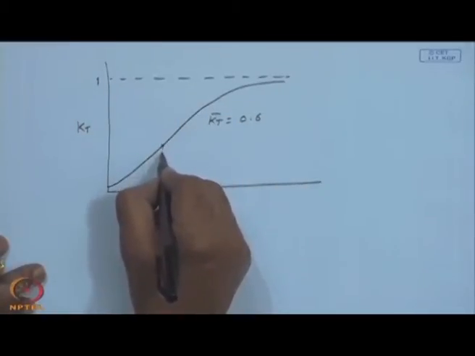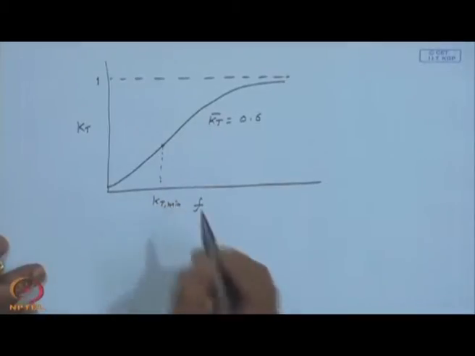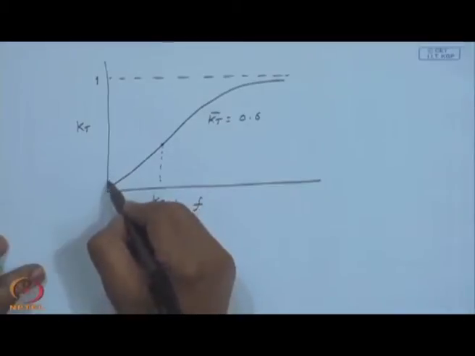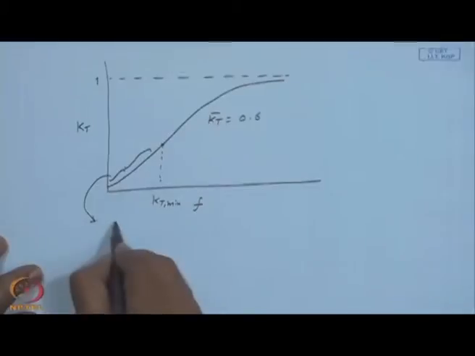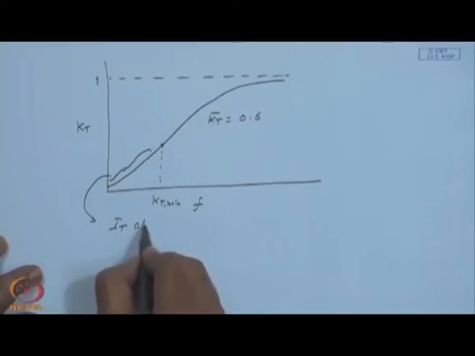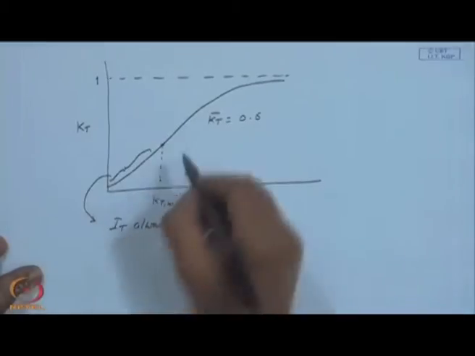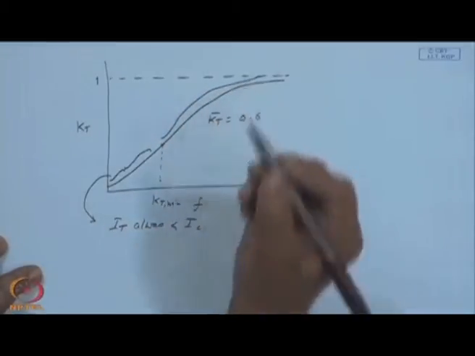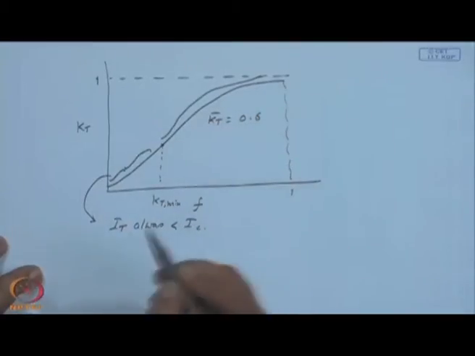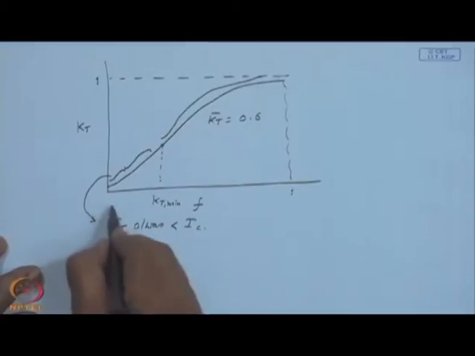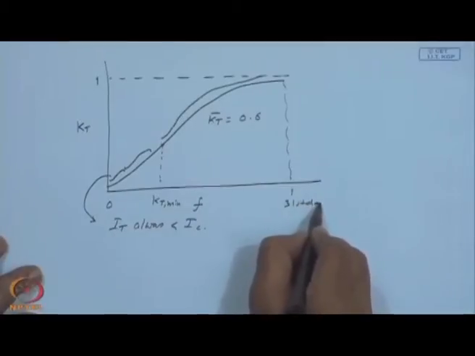This is my KT minimum. So, for all this fractional time, It is always less than Ic. This is the cumulative frequency, or it can be considered as the 0th day and the 31st day.